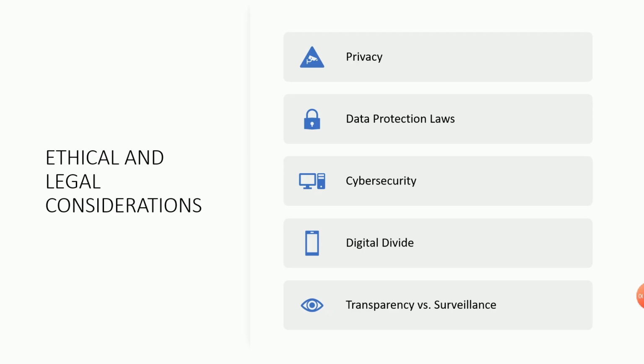So I am somewhat transparent in my activities, but at the same time, without my permission, I don't want others to intrude on my privacy. Knowingly or unknowingly, I am definitely sure that the government surveils every person in certain aspects. So there is an issue of transparency versus surveillance in data governance. So these are the ethical and legal considerations in data governance.